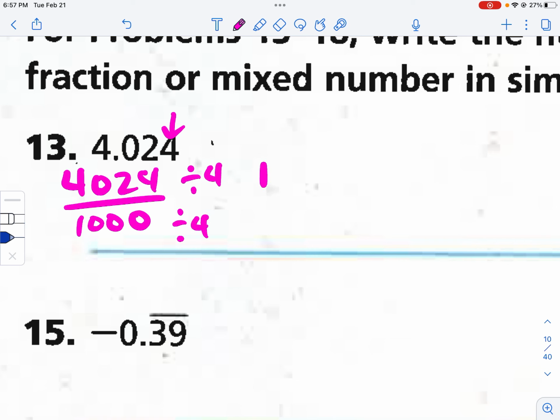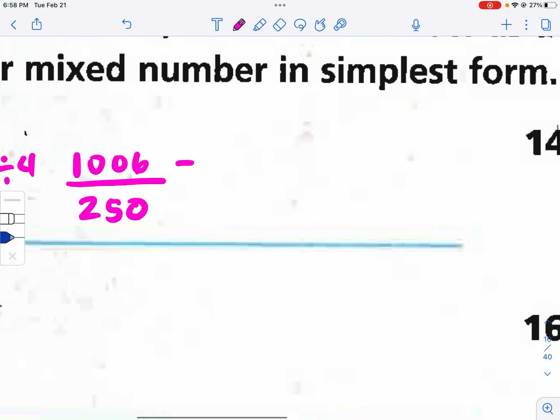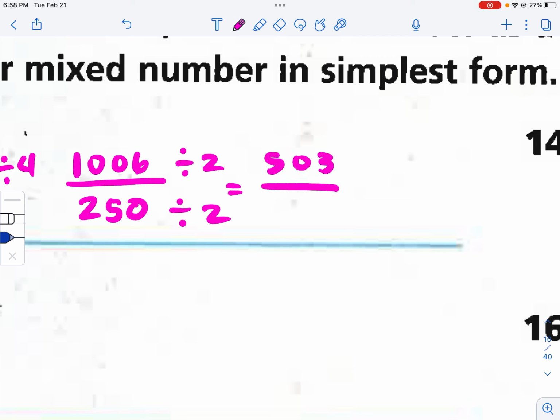And that will get me 6, and 1,000 divided by 4, that will get me 250. Oh, that's still even. So I can divide this by 2. And I'll get 3, and I'll get 125.